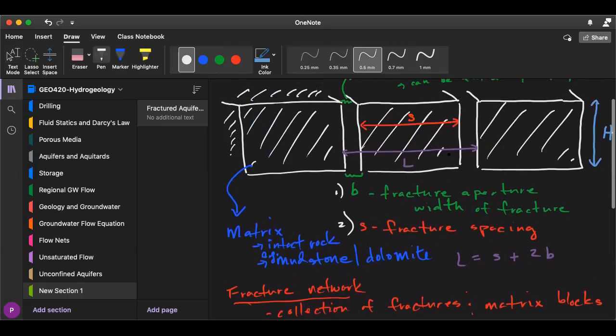So if, for example, L happened to be 1 meter here, we would have 2 fractures per meter.